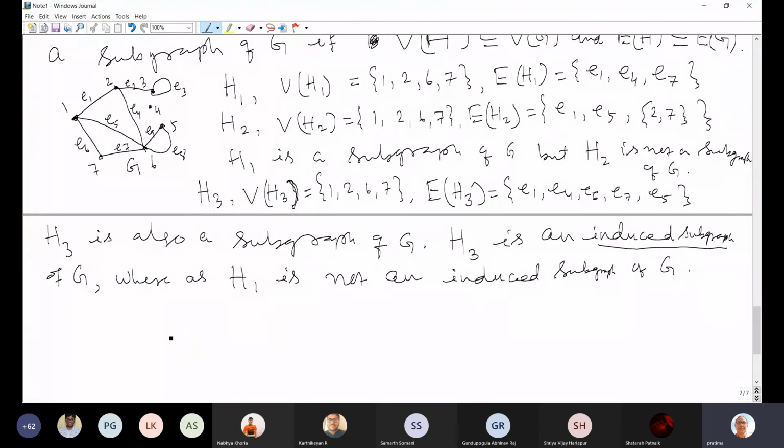What is the reason? Why is H1 not an induced subgraph and H3 an induced subgraph? Can anybody answer?